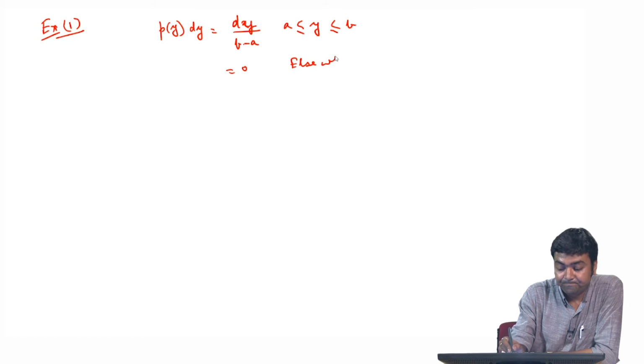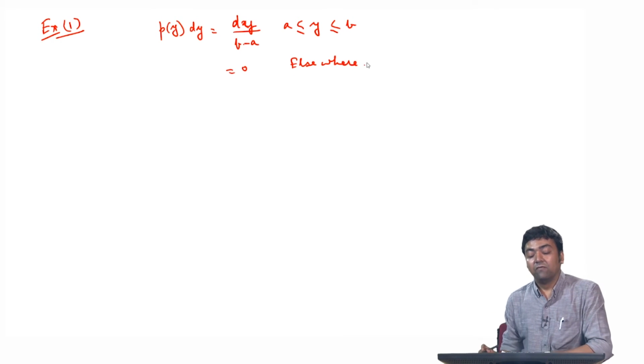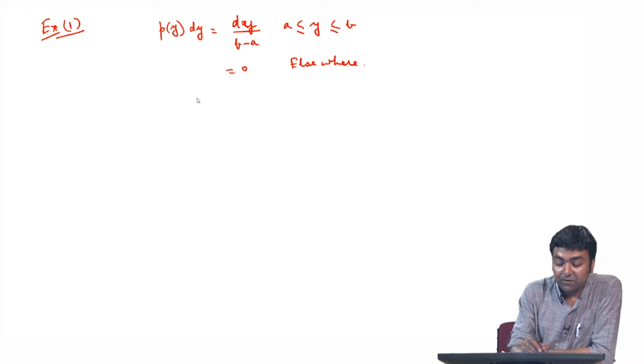So, again we use the conservation of probability: dy/(b minus a) equals p(x) dx. Now, my p(x) is my uniform distribution.